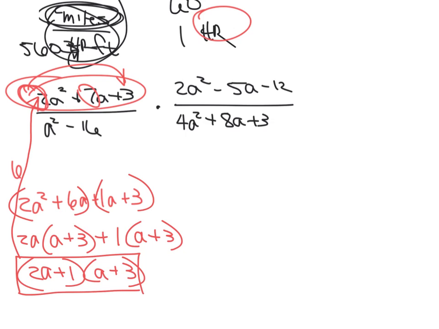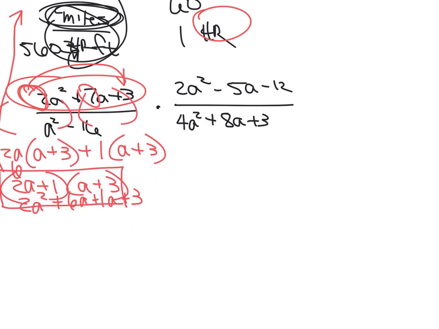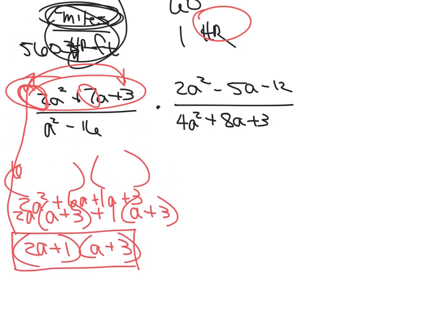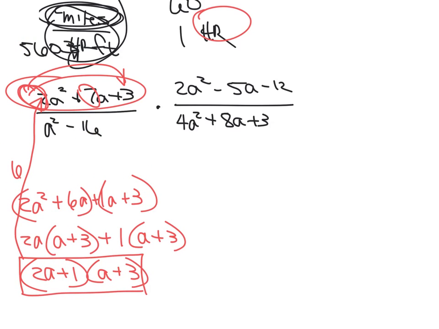So let's see if I can move things around here. Yeah, that'll be kind of a mess. Alright, so let's go ahead. I'll do it in blue. Okay, so there is the simplification of the top. The bottom is the difference of two squares.